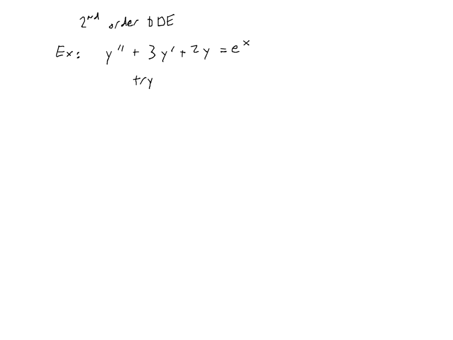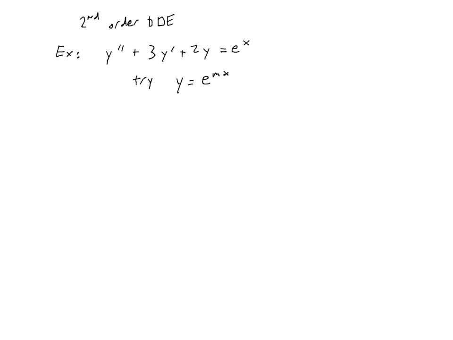So in other words, if these guys were all to cancel out, let's say we didn't have the e^x on the right-hand side, then what would happen is you would say that somehow y double prime and y prime are equivalent as far as the power of x. So we're going to try y equals e^(mx) as a solution.